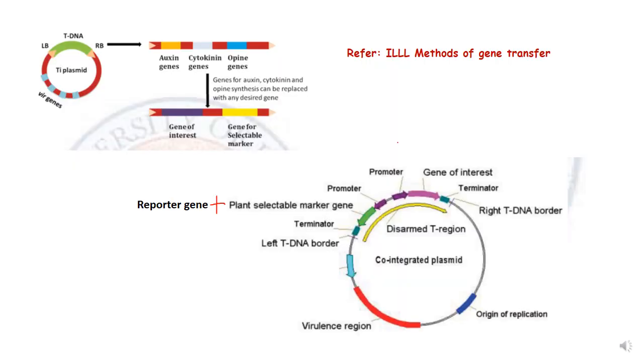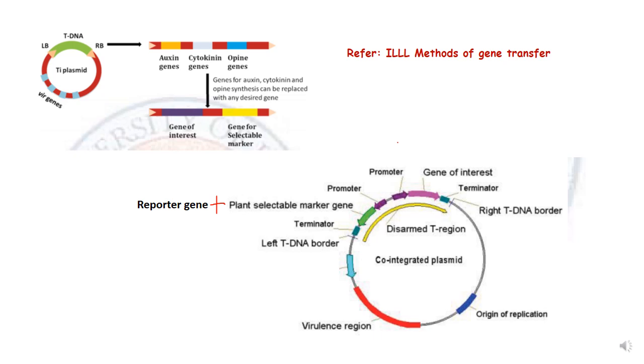So here you can see that tDNA is present in the Ti plasmid, and this tDNA we have just discussed. They have the genes for auxin, cytokinin synthesis, as well as opine genes. So when the Ti plasmid is genetically engineered by tools and techniques of biotechnology, these are replaced by the gene of interest and the gene of selectable marker and reporter genes.